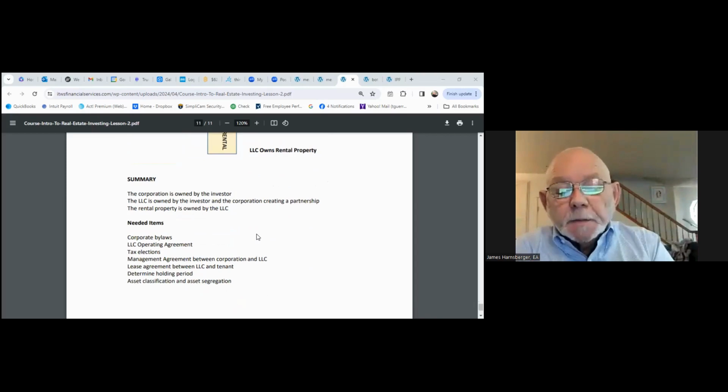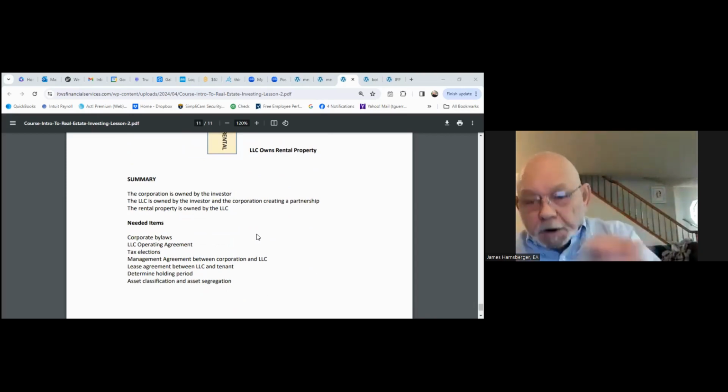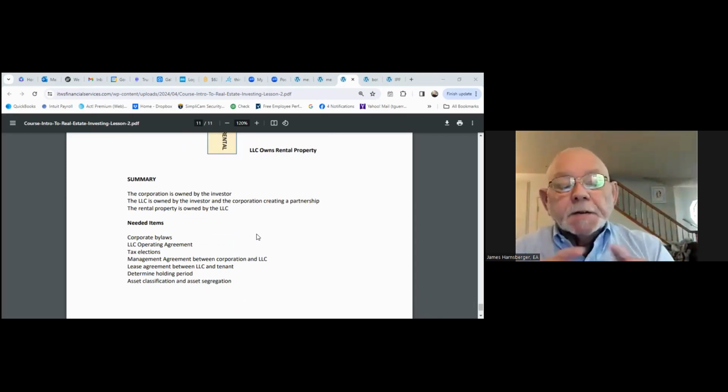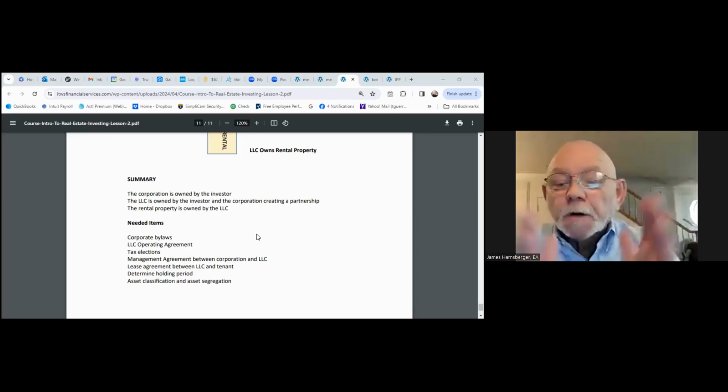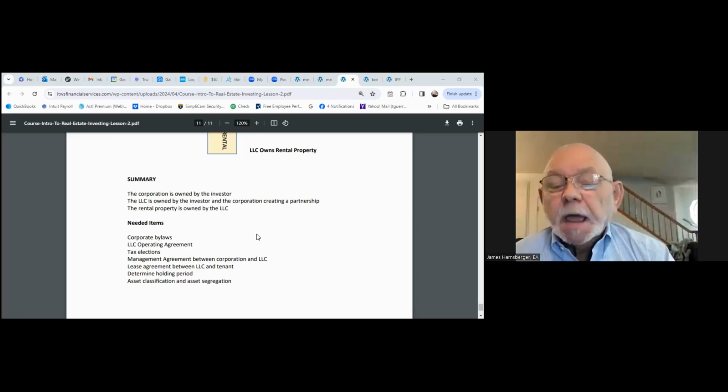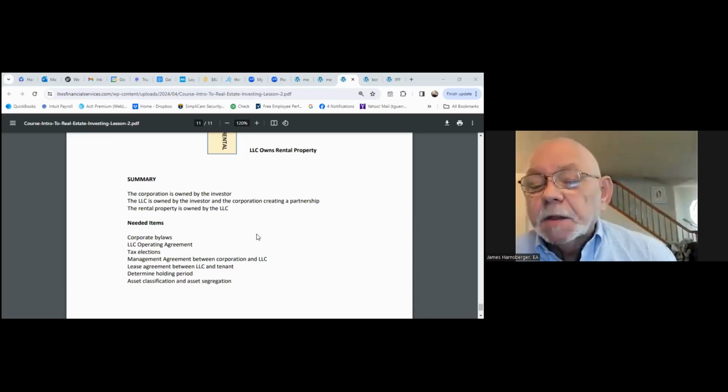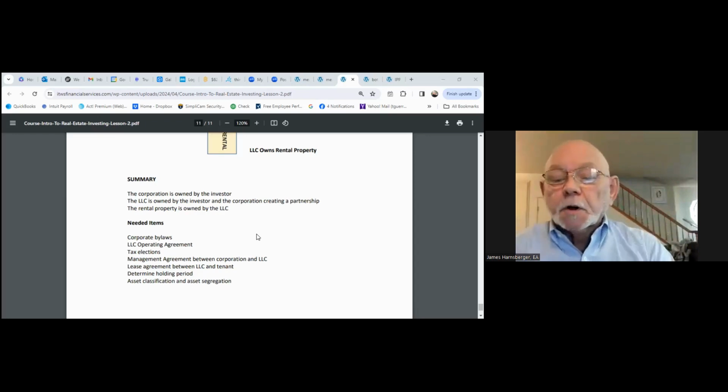The lease agreement between the LLC and the tenants are congruent, and determine the holding period and the asset classification and the asset segregation. And you are now in a position as a sophisticated investor to go make a lot of money and keep a lot of the money that you make in your portfolio as a real estate investor.